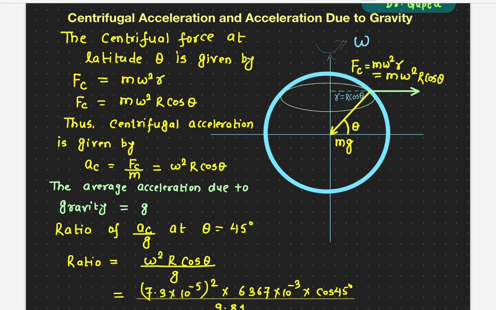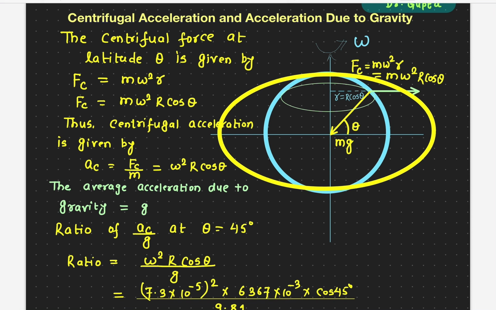Okay, and also because there is more centrifugal force, the Earth's radius is slightly bulged out this way. I'm exaggerating here. So if I have to draw it, the Earth's radius would look like this. Why have I drawn it this way?